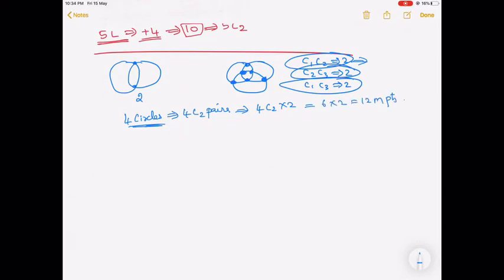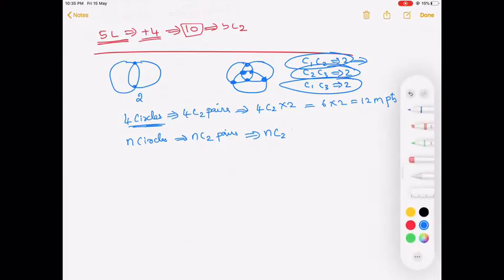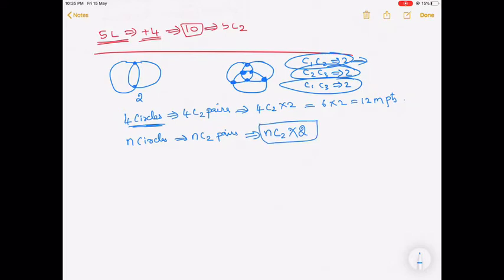I can generalize this: if I have n circles, I will have nC2 pairs of circles, and for each pair I will have 2 meeting points, therefore nC2 into 2 meeting points for circles.